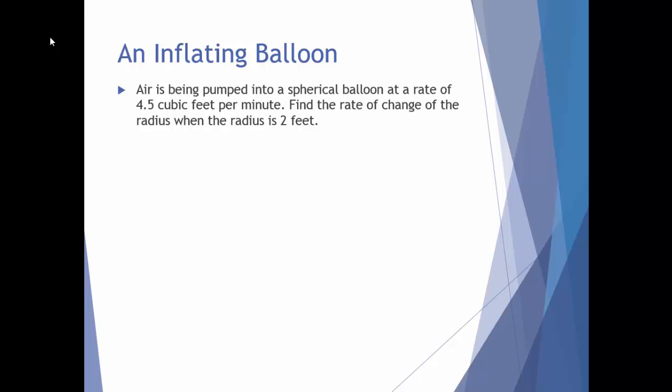An inflating balloon. Air is being pumped into a spherical balloon at a rate of 4.5 cubic feet per minute. Find the rate of change of the radius when the radius is 2 feet.